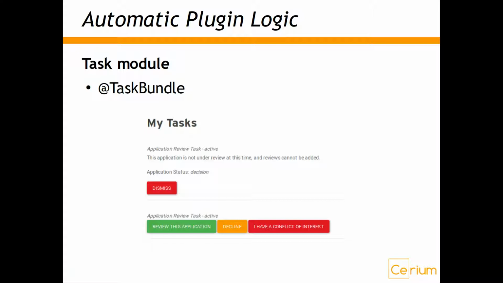So in this case, we have what's called the task bundle plugin. For each type of task, there is a link generation function. So I can say, okay, for my review task bundle, check the status of the application being reviewed, and if it matches, render these 3 colorful buttons here.